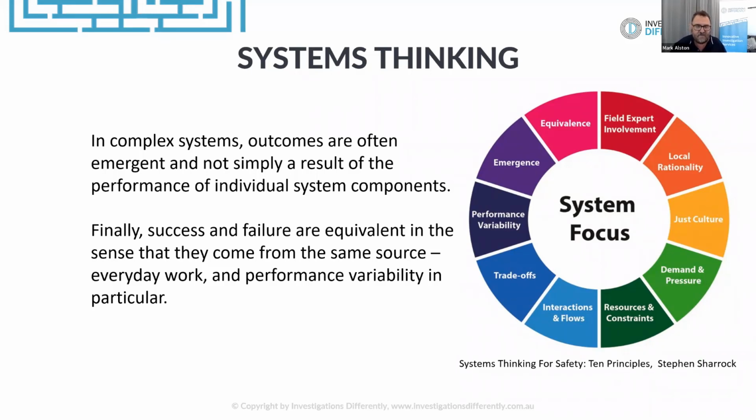What's the field level involvement like, the empowerment like, right? Where's the local rationality, okay? Where have we got demand and pressure? Where's there resource constraints? COVID has affected industry greatly in the last 2 years and how we do things. How many investigations are pulling up that COVID has affected resources, be it people, be it equipment, those sorts of things.